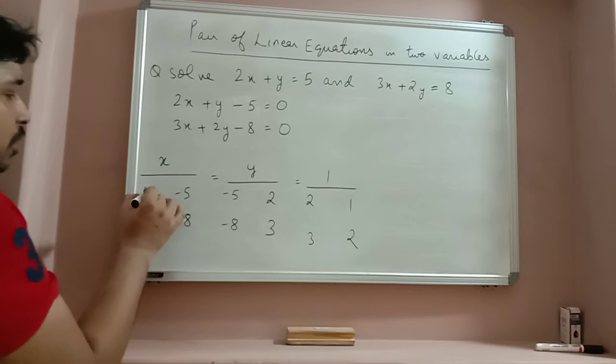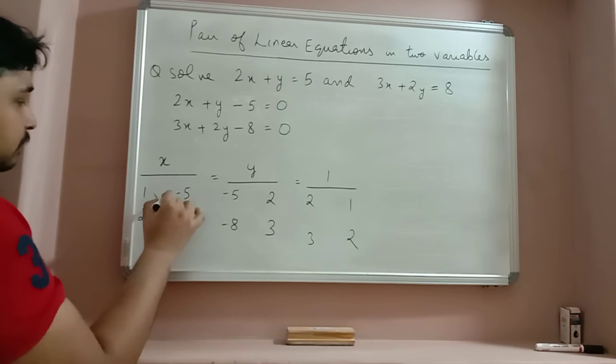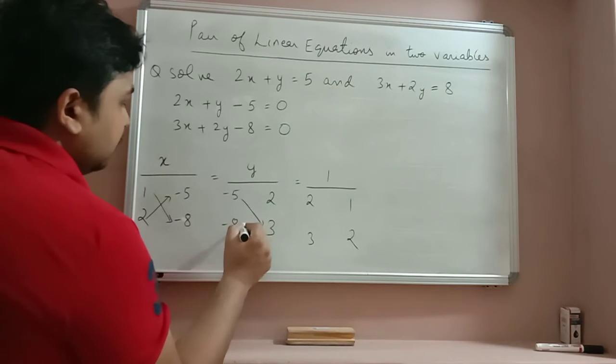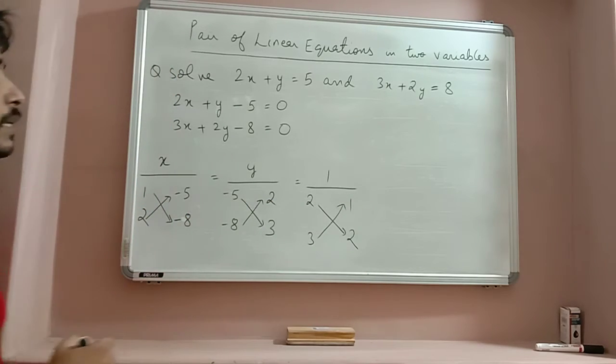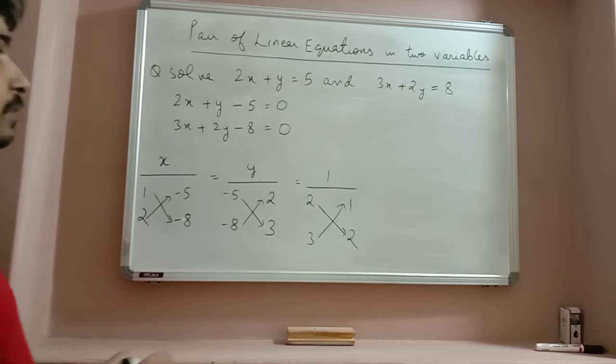Now we just need to cross multiply like this in order to form the ratio equation.